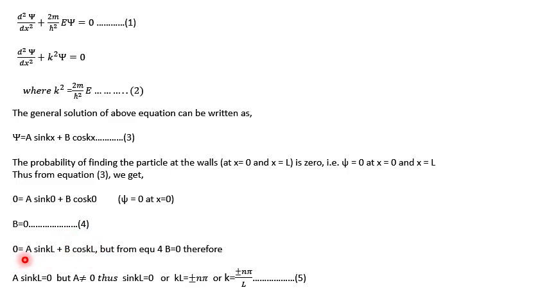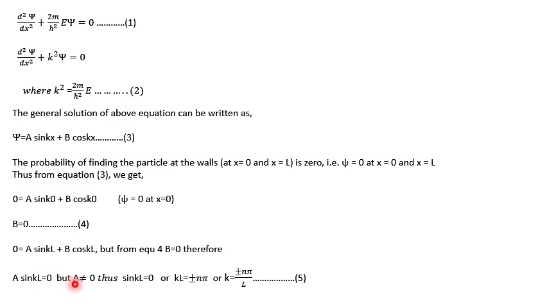Only A sine kL is equal to 0 is left. It means that either A is 0 or sine kL is 0, because the product of these two terms is equal to 0. That's why we can say that any one of them is equal to 0.